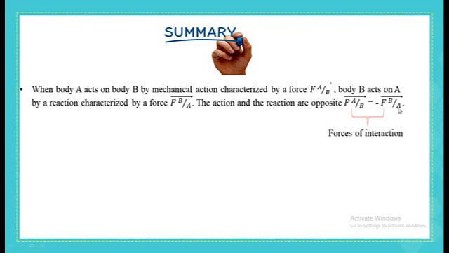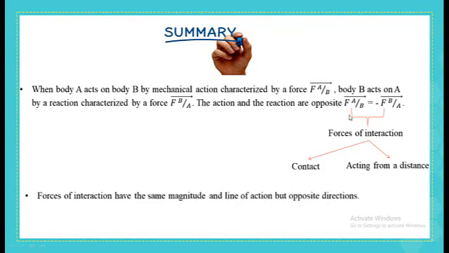These two forces of interaction could be contact forces or acting from a distance. Don't forget that the forces of interaction have the same magnitude, the same line of action, but opposite directions.